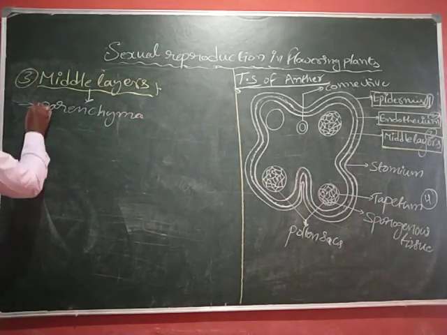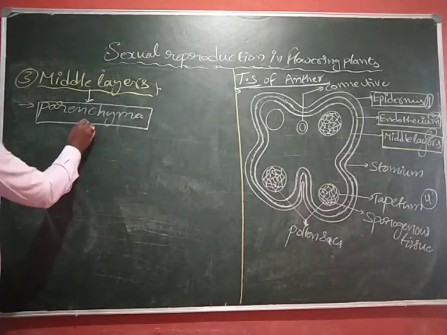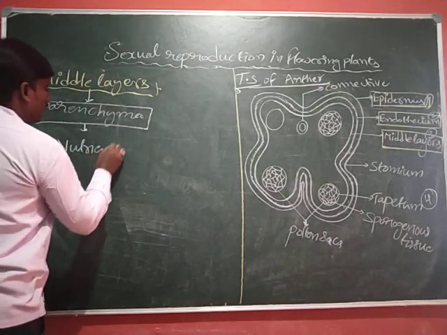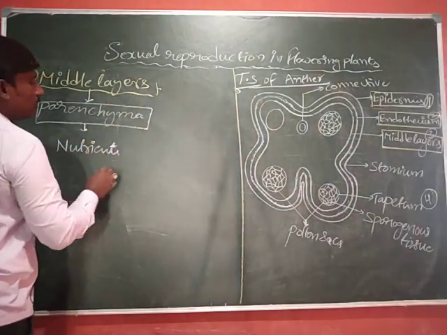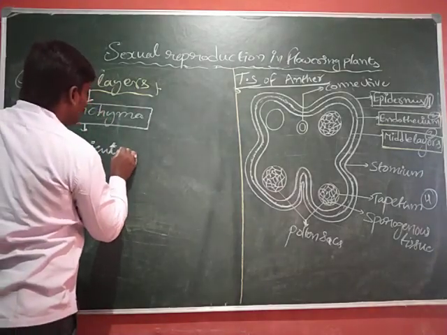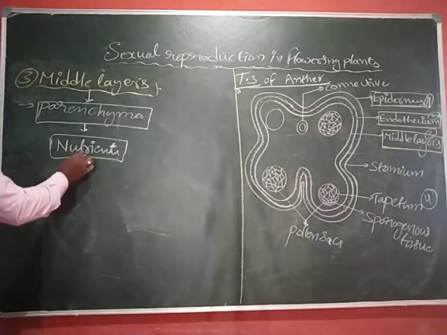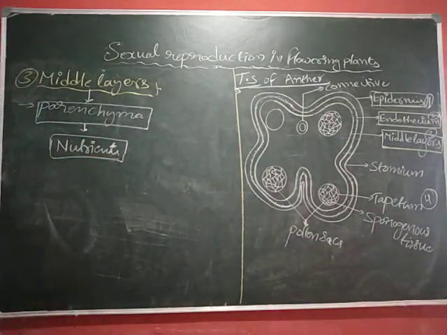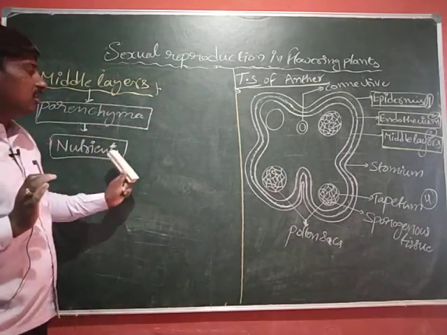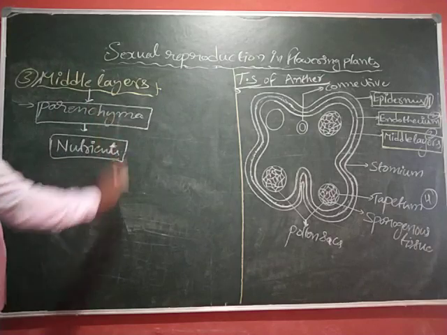Due to the presence of parenchyma tissue in the middle layers, they provide nutritive substances or nutrients for pollen grains during the early stage of pollen development only. So this is a brief account of middle layers.